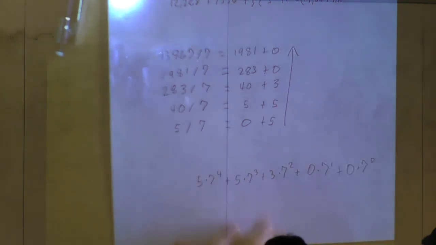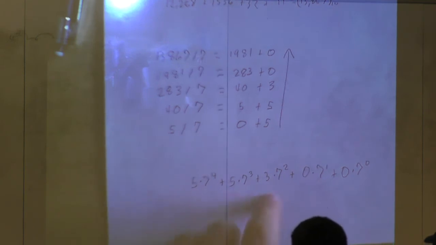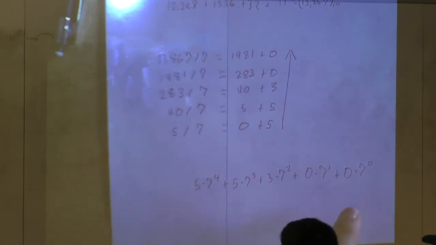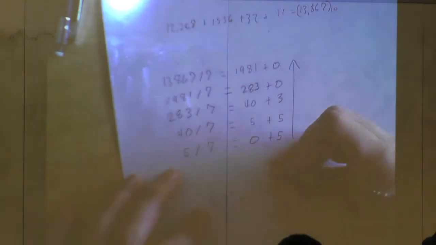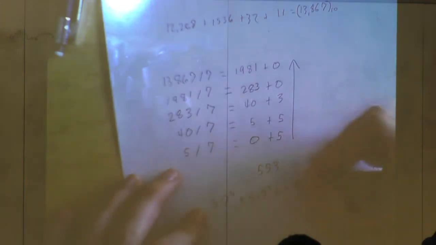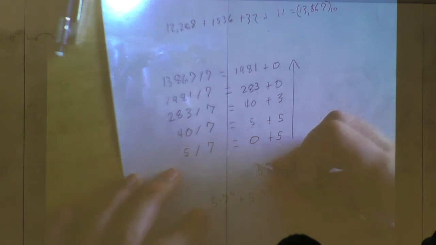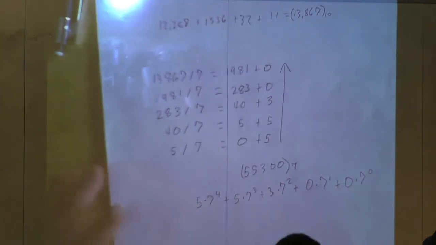The answer would be 55300. This is just how you would check. So 362B in base 16 is equal to 55300 in base 7.